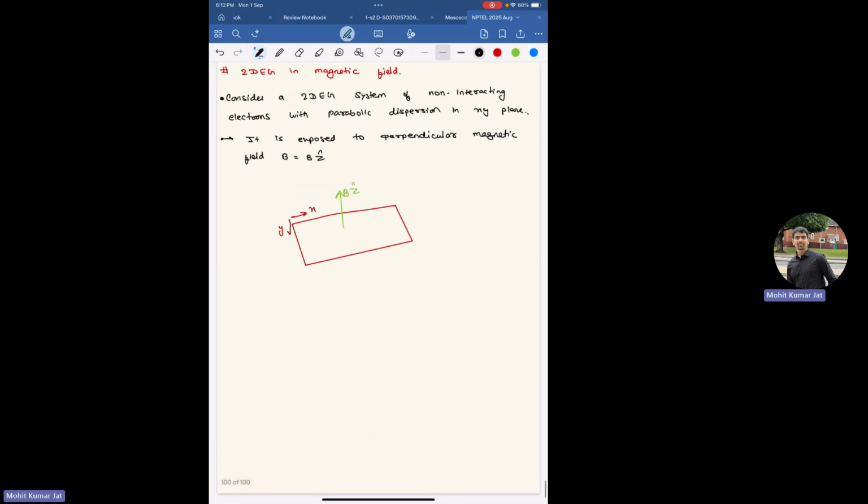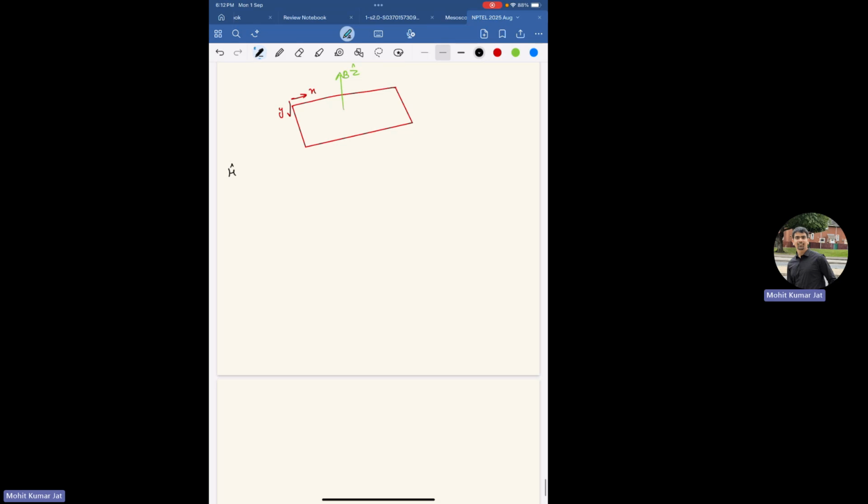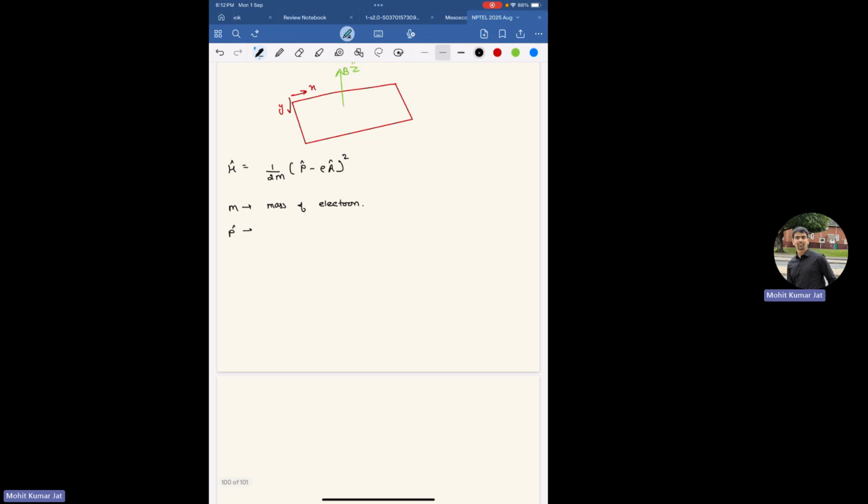The Hamiltonian operator of this kind of system can be written as 1 by 2m (P minus eA) whole squared, where A is the magnetic vector potential, e is the electronic charge, m is the mass of the electron, P is the canonical momentum, and the relation between B and A is given as B equals curl of A.